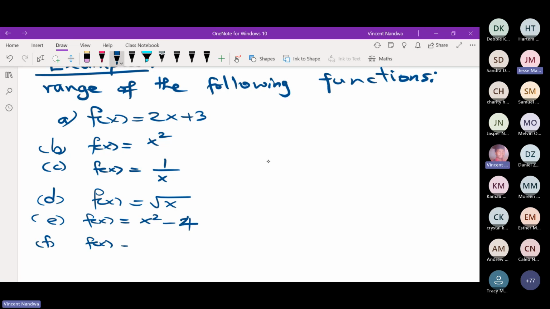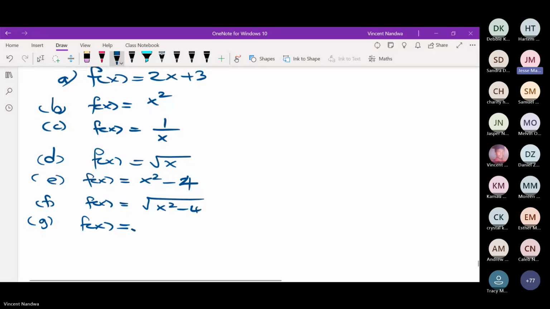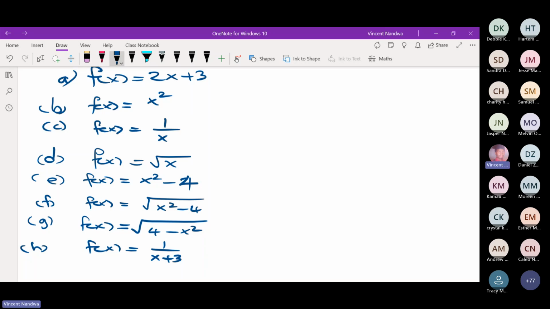Next one, f of x equals square root of x squared minus 4. And then g, f of x equals square root of 4 minus x squared. H, f of x equals 1 over x plus 3. I think these are enough to make us master the concept.